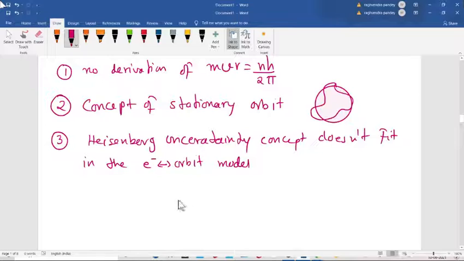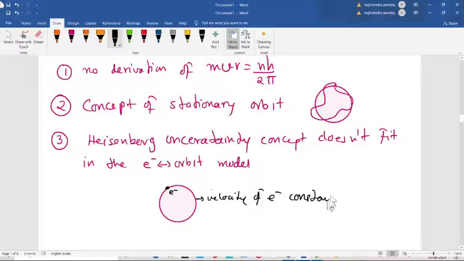But here, the electron is always moving in a circular orbit, so its velocity is constant. We can determine it, and there is no error because the velocity is always constant.